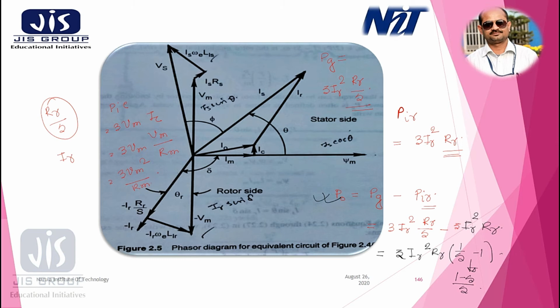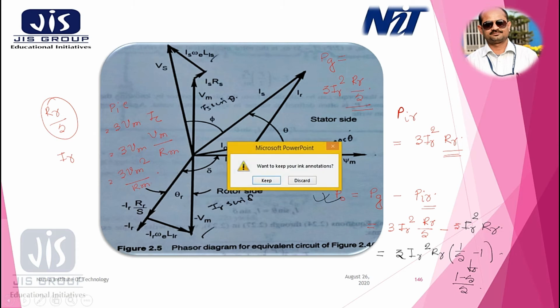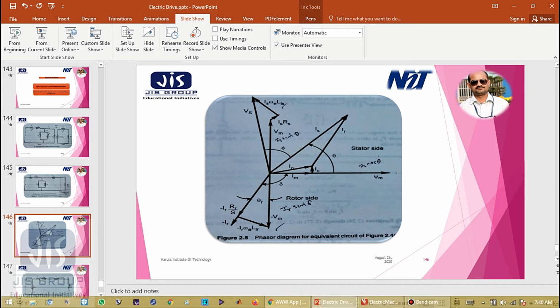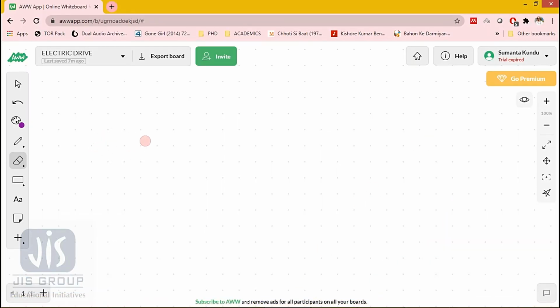You should know this PG is the stator output, and stator output is nothing but the stator input minus the stator losses, that is the copper loss and core loss, and we have deduced everything. Air gap power PG equals the input power minus the stator losses, that is Pcs plus Pc, the core loss.